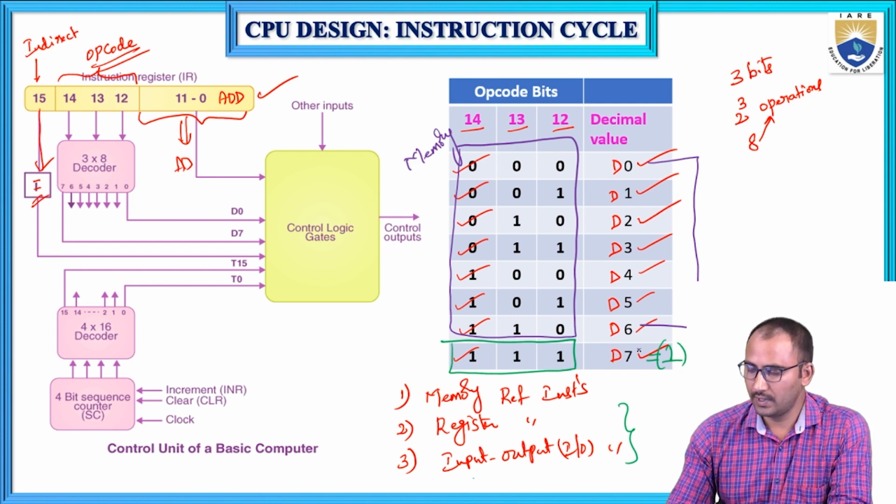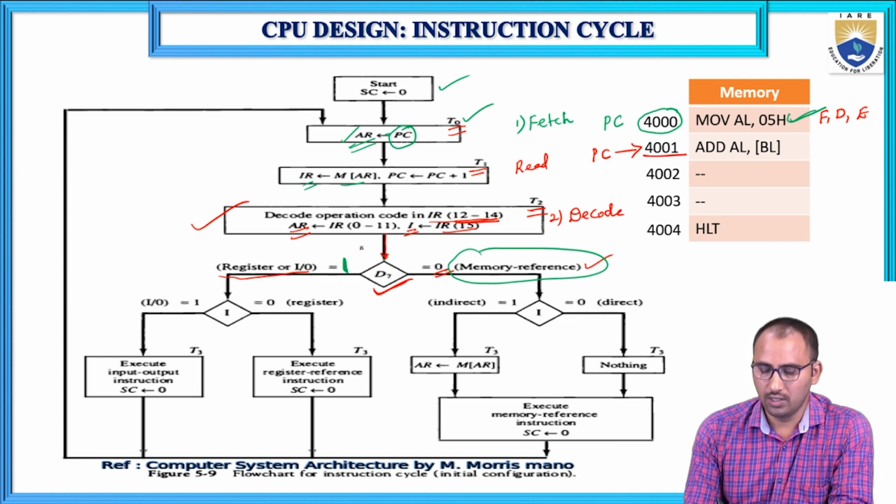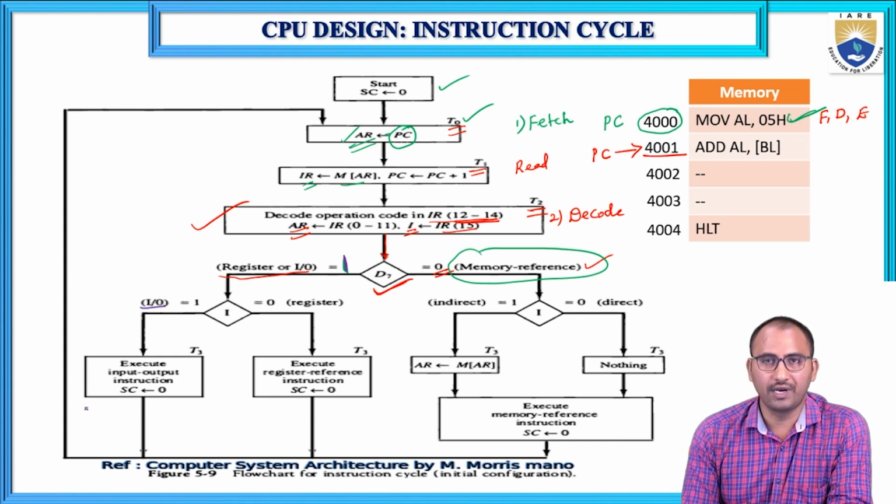Coming to the register or IO reference instruction: when D7 is equal to 1, that is a register or IO reference instruction. Again we check the I bit. If I is equal to 1, then that is an IO reference instruction.